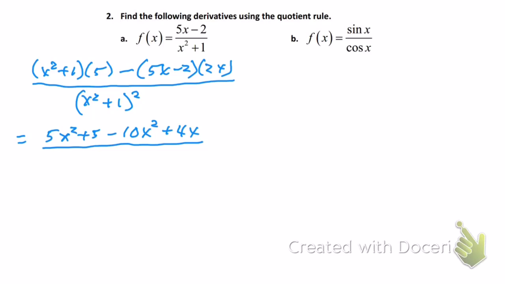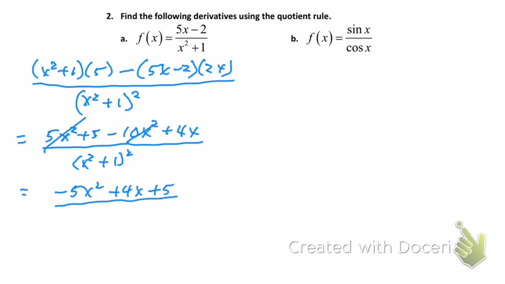All that's over x squared plus 1 squared. Double check, am I good? All right, so I start collecting like terms here. So I've got negative 5x squared, plus 4x, plus 5.